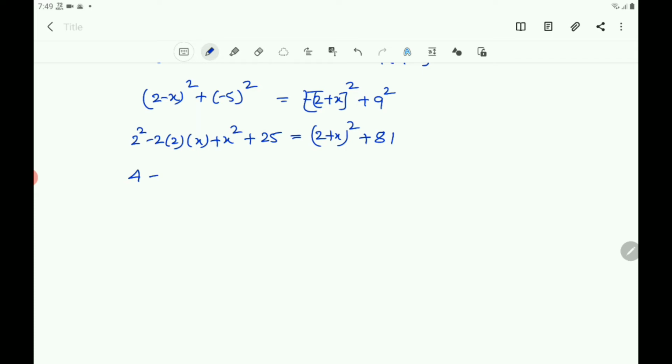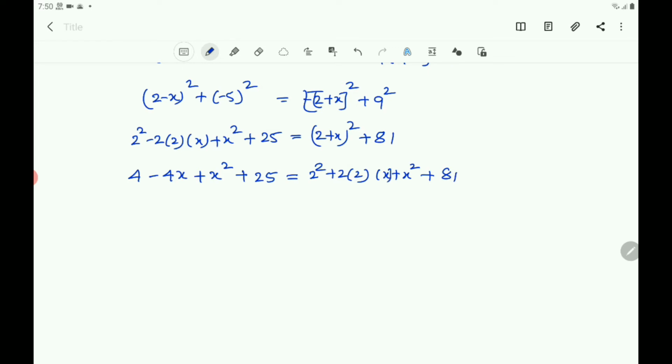Then you write 4 minus 4x plus x square plus 25 equals, again we expand it by using the identity (a plus b) whole square. You will get 2 square plus 2 into 2 into x plus x square plus 81.